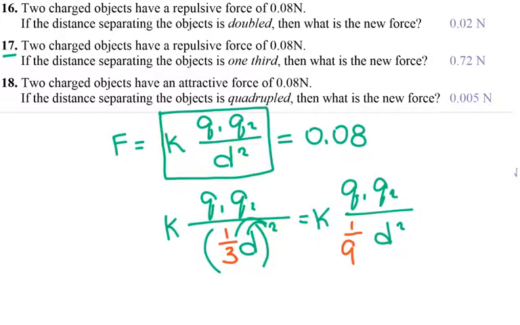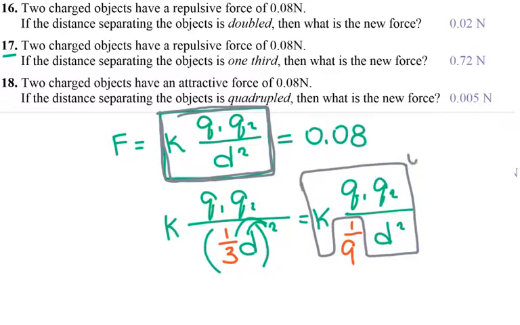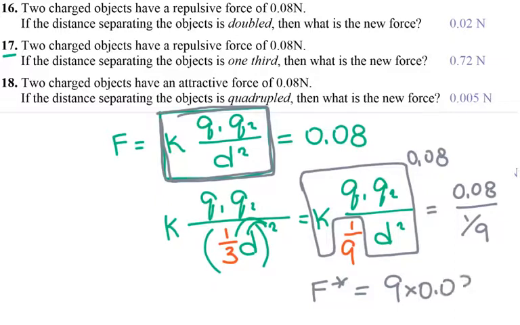And I know that this part is equal to 0.08. What I have now is 0.08, and I have 1/9 on the bottom. So the new force is equal to 9 times 0.08, which is 0.72 newtons.